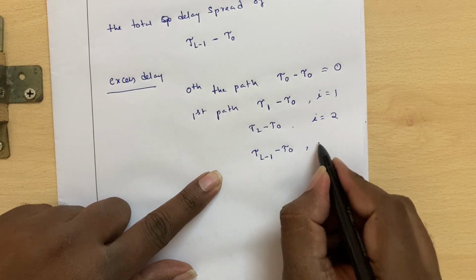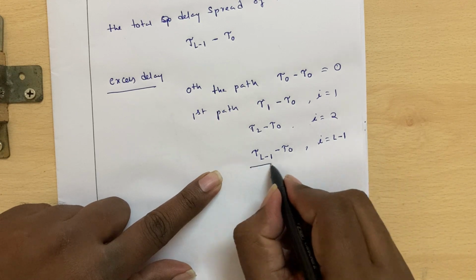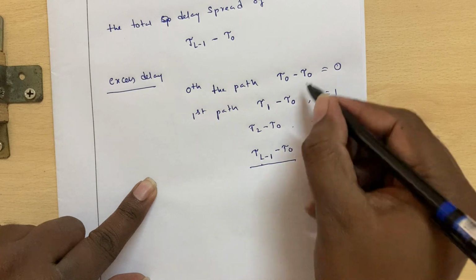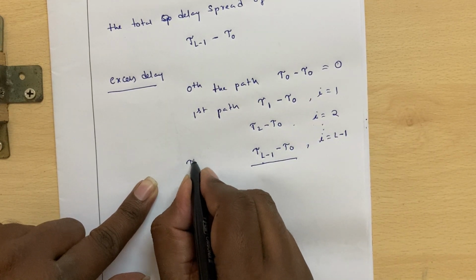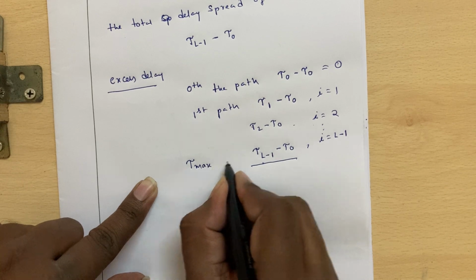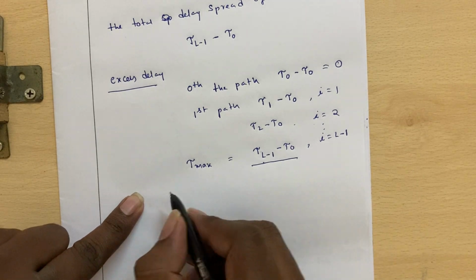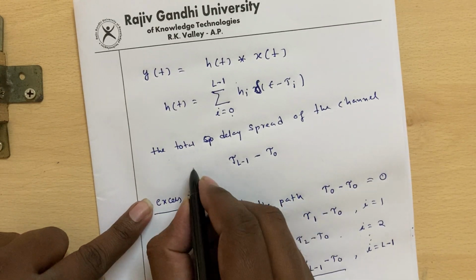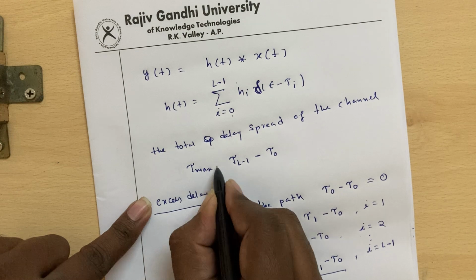This will be the maximum amongst all these paths, so we call it the maximum excess delay, tau max.